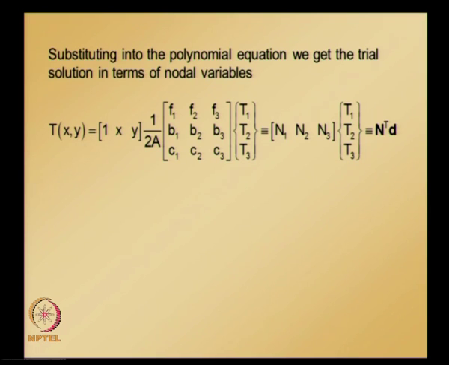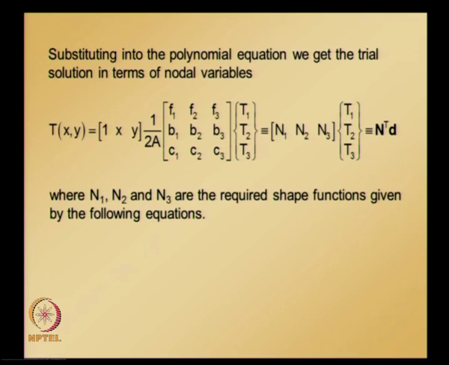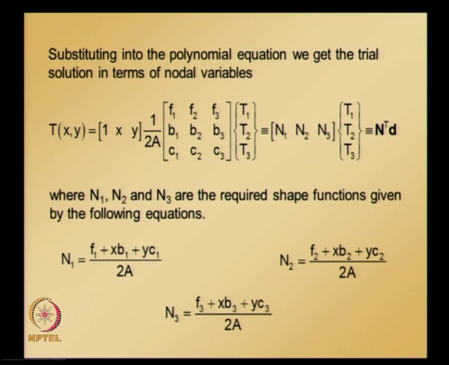This can be compactly written as N transpose D, where N is a vector comprising shape functions N1, N2, N3, and D is a vector comprising nodal values T1, T2, T3. N1, N2, N3 are the required shape functions, and they look like this in terms of F1, B1, C1, F2, B2, C2, F3, B3, C3, which are all defined in the previous slide.